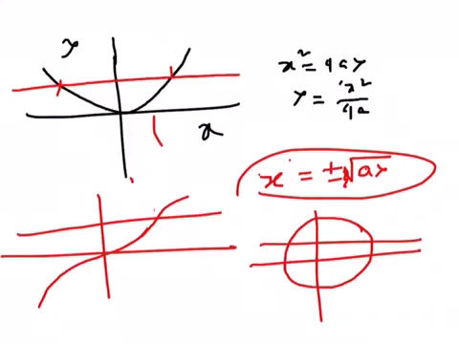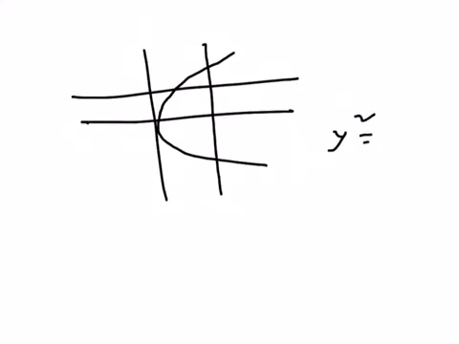Now let's do one more, this one. It didn't pass the vertical line test, so since this is not a function anyway, we can't really speak of an inverse function. But let's see, this is y squared equals 4ax.